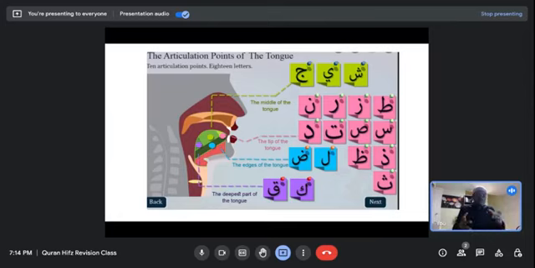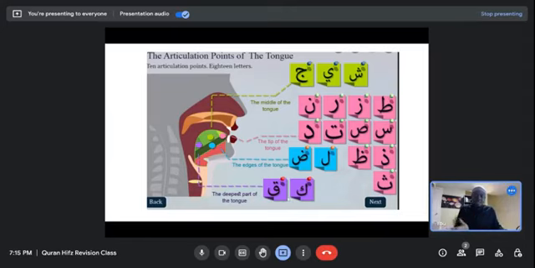We have something called idgham in Tajweed, ahkam al-idgham. We have some letters with idgham mutamathilain, mutajanisain, mutaqaribain. These are advanced Tajweed topics that you have to build level upon level, right? So you can't learn everything at a time, but it's good for you to have a good idea of which letters are together, right?